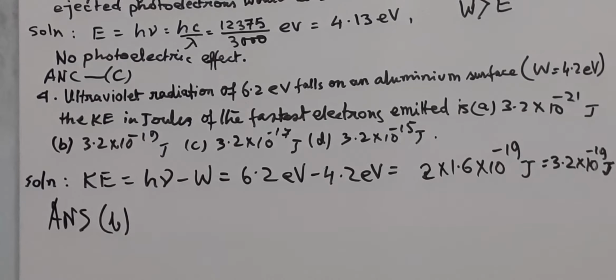Now, you know kinetic energy equals h nu minus w, h nu is given here, that is 6.2, which is coming from the ultraviolet radiation photon, minus the work function will give the kinetic energy, which is the question you have to find out. Choice B is the answer.